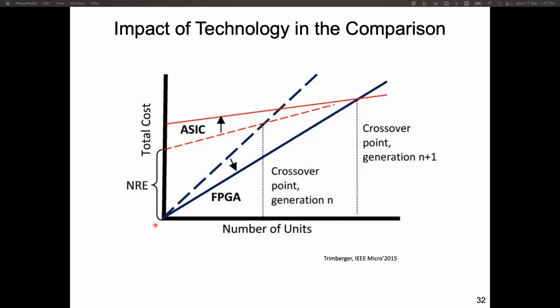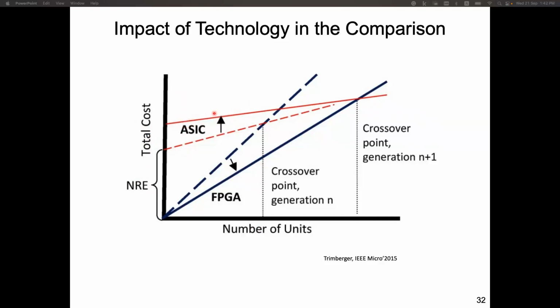FPGA has nearly zero NRE cost, and ASIC has a very high NRE cost. So the crossover volume is here. Now for the next generation, the ASIC cost curve is here. The design cost or NRE cost increased a lot, but the slope here is smaller, which means the cost per chip reduces. Say for the same function, it may cost a smaller area.